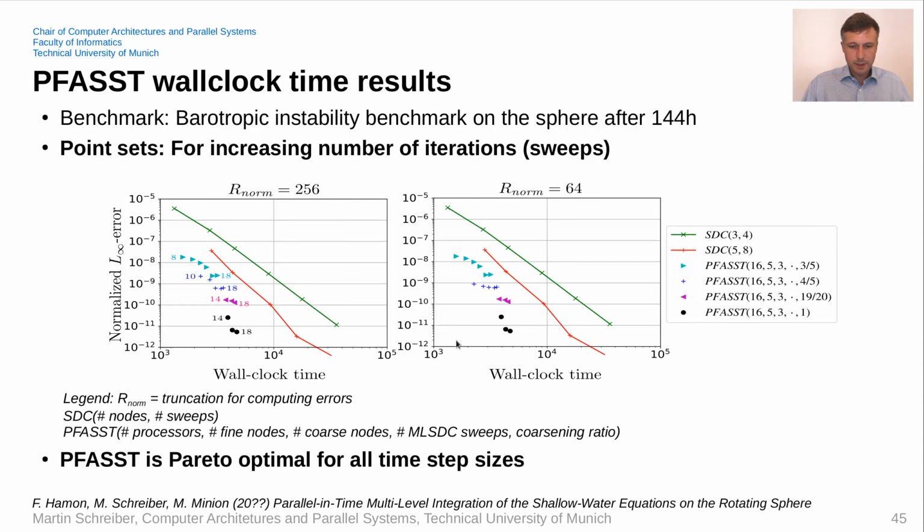So let me show you some results of that algorithm, where we can observe again, by having a look at the full spectrum, that's again wall clock time versus the error results, and less wall clock time means better results, less error means better results, of course. And these are the SDC results, computed with an SDC method, and all these results here have then been computed with the FAST method using the same order as the red one here.